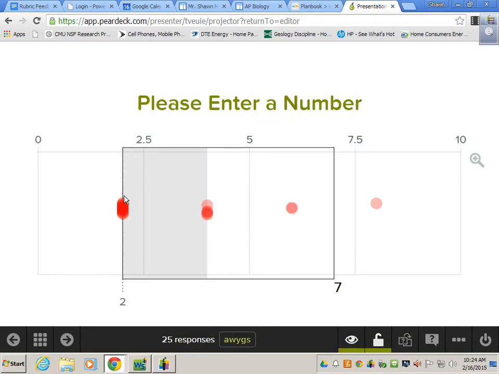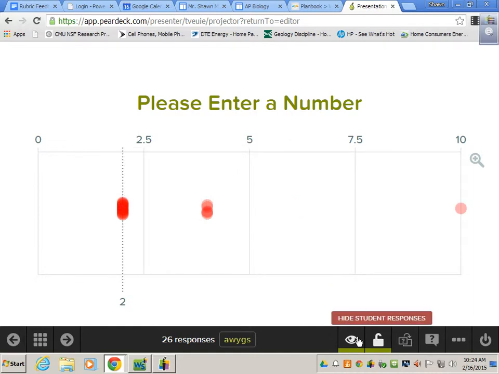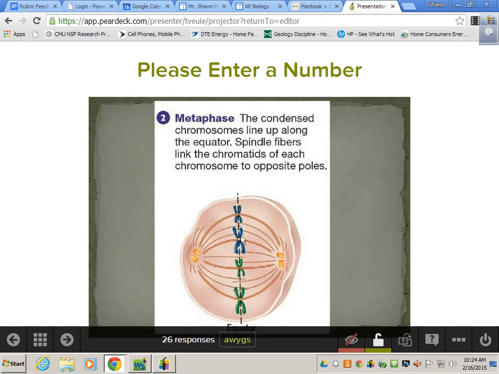The answer is 2. Some of you put 4, which is understandable, but there's 4 chromosomes, 2 pairs of chromosomes. So if you look at them, that's why these 2 are a pair, and these 2 are probably a pair, the 2 that look the same size, and then these 2 are a pair. They just colored them differently than I would have.